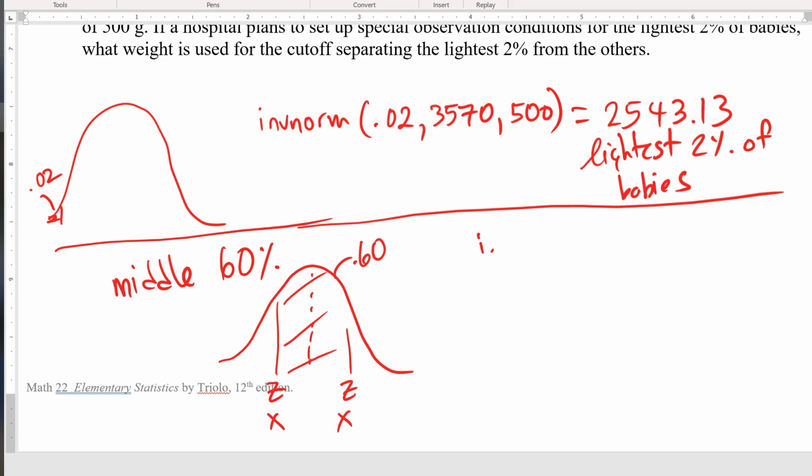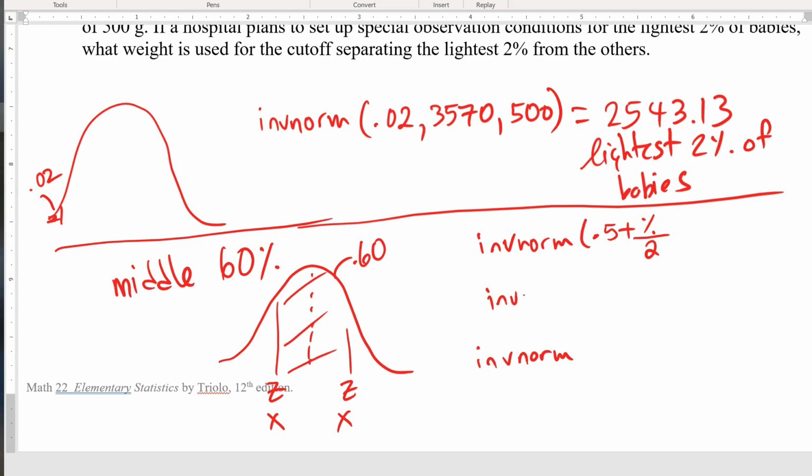So I need to find inverse norm, and to find the first one, I'm going to put in 50% plus our percentage divided by 2.